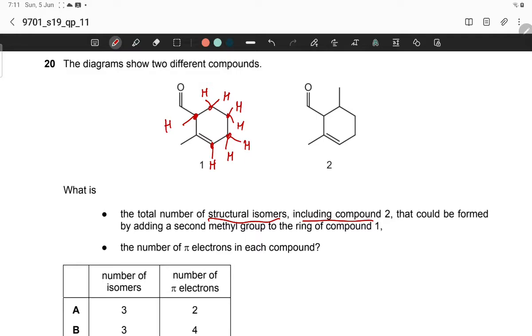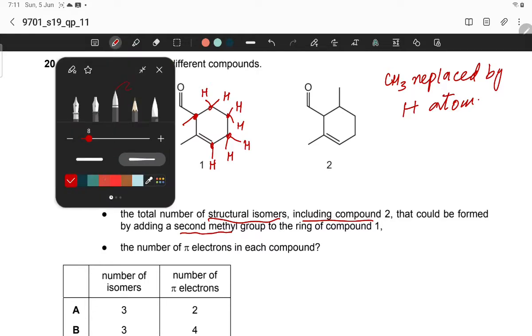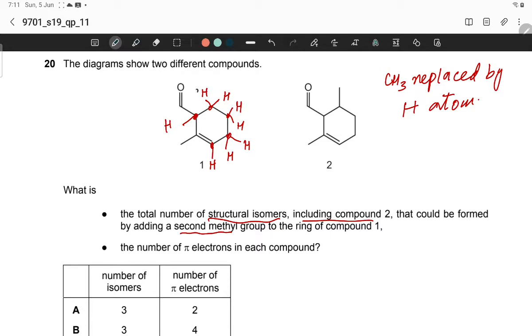So methyl group, as question says, including compound 2 that could be found by adding second methyl group. So CH3 replaced by hydrogen atom. Like if we replace, this is with CH3, now this is with CH3, this is with CH3, and this is with CH3.